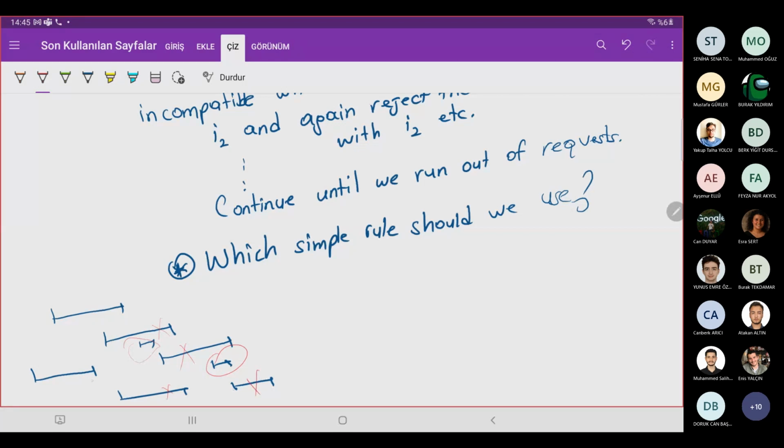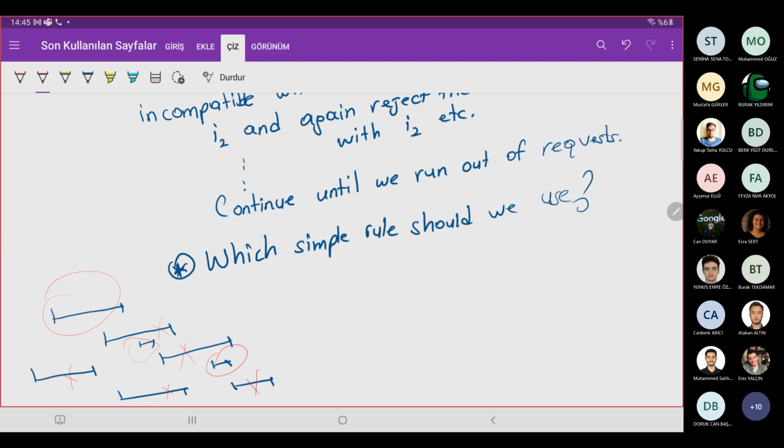And in the remaining, I have 2 other requests, and I select one of them according to the same simple rule, whatever that rule is. I select, let's say, one of them, and now I am left with no other requests, and my algorithm ends.